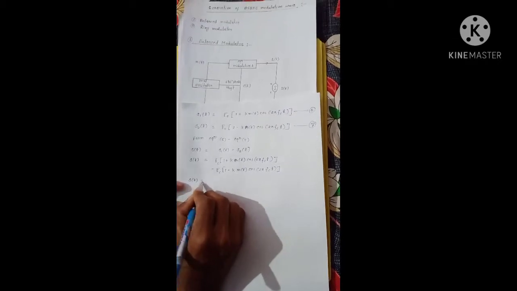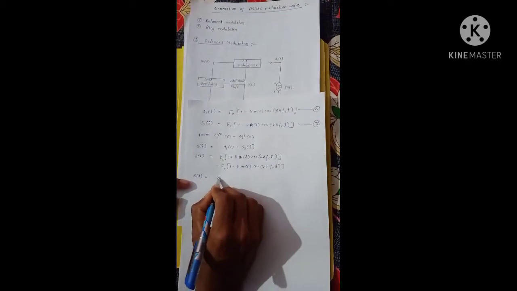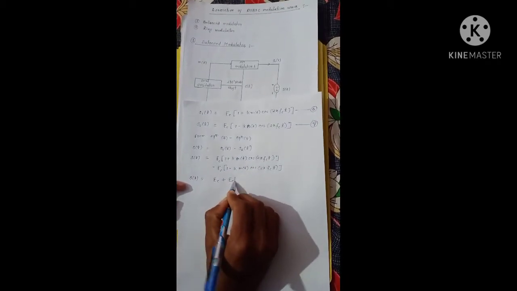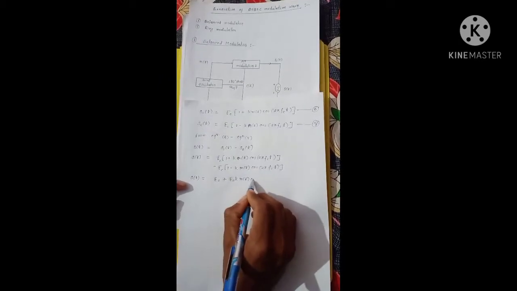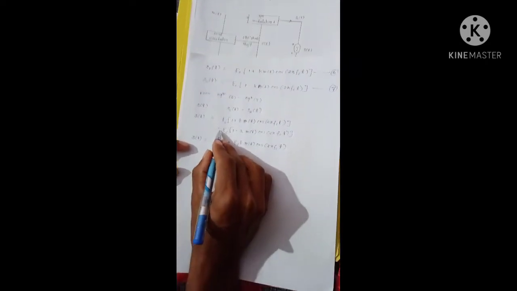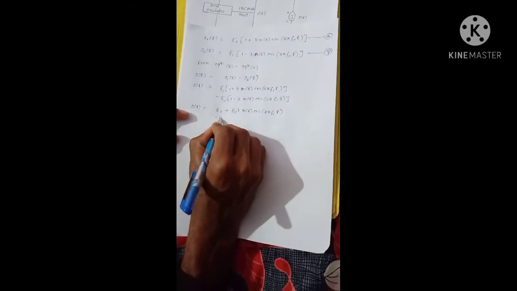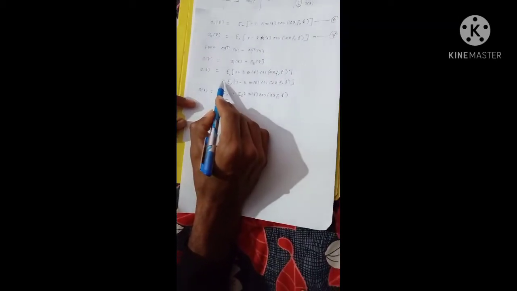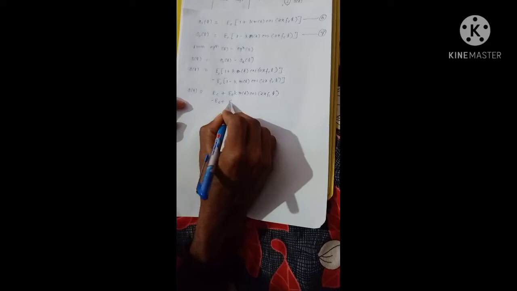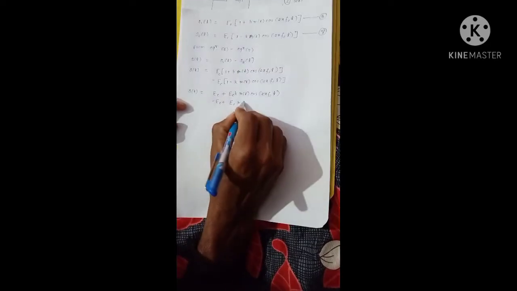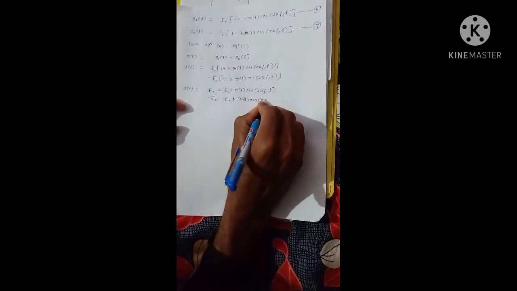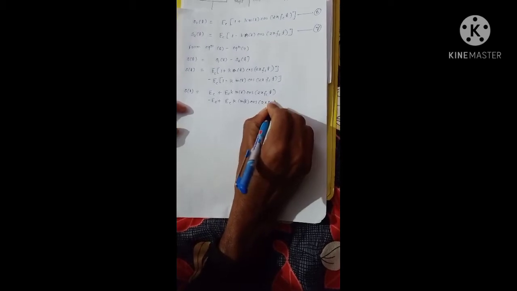So S(t) is equal to EC into 1, that is EC, plus EC K m(t) cos 2 pi fc t, and minus EC into plus 1 is minus EC, and minus sign multiplied by this minus sign will be plus sign, so EC K m(t) cos 2 pi fc t.